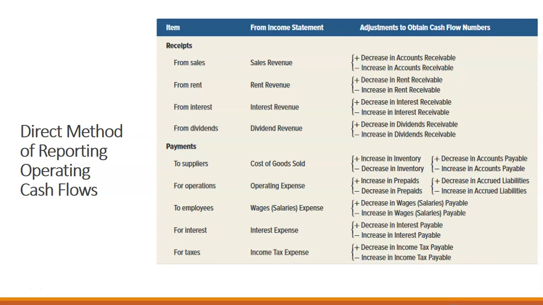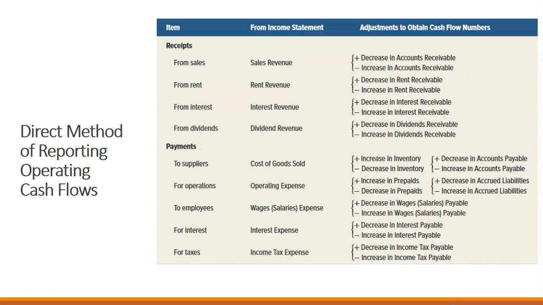So we start with sales revenue. To get our cash receipts from sales, or cash collected from customers, we would start with sales revenue and then add or subtract a change in the accounts receivable. For our payments out, we walked through each one of these individually.